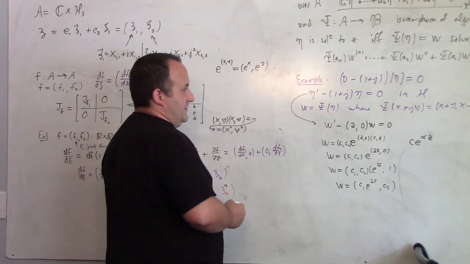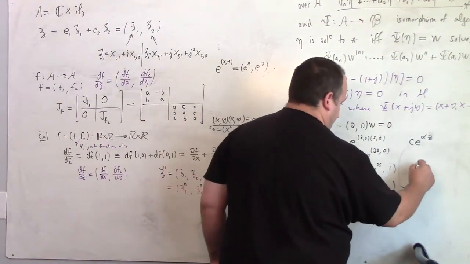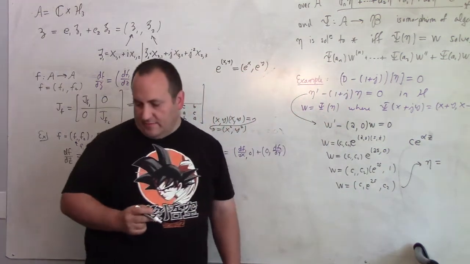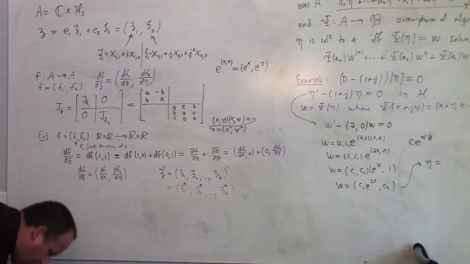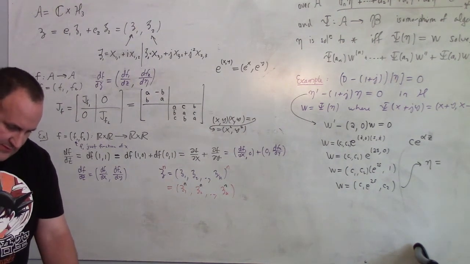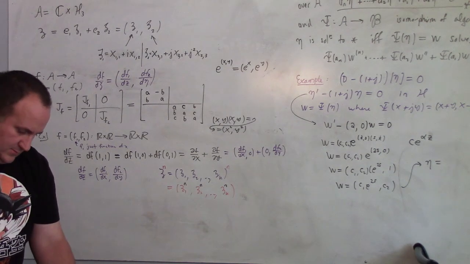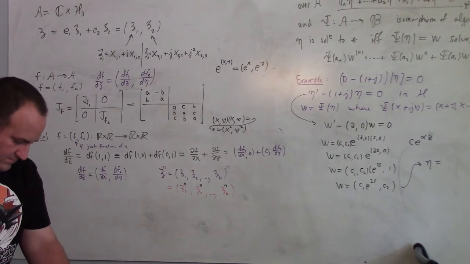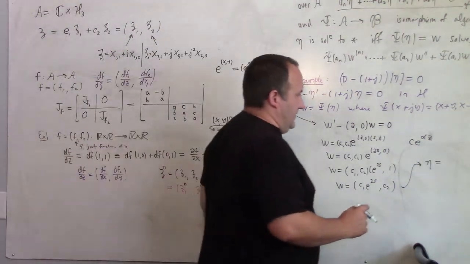And then, to get back to eta, what do we do? That's in the theorem. It's psi times something times psi inverse, our normal song and dance for the pullback, or the composition of.